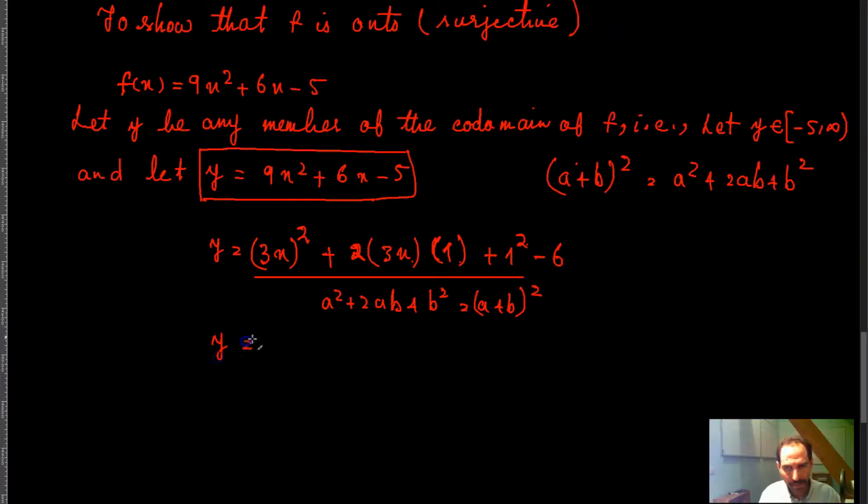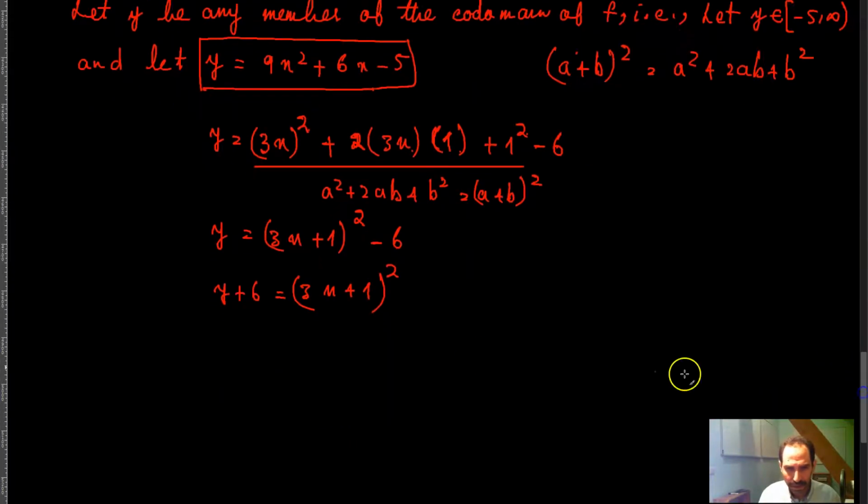So then I can write y is equal to (a plus b) whole squared, which would be (3x plus 1) whole squared, and there is a negative 6 over here as well, which means that if I take the 6 to the other side, y plus 6 is equal to (3x plus 1) whole squared. Now my goal was to get to x, and still I have to do something in order to get to x.